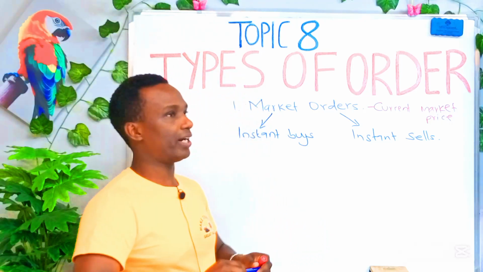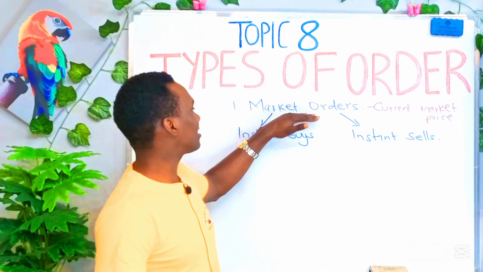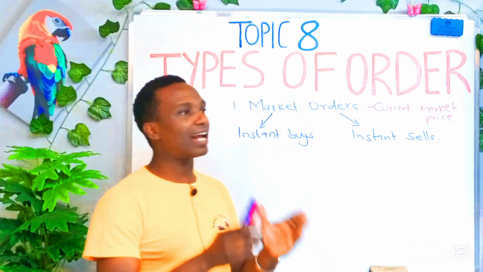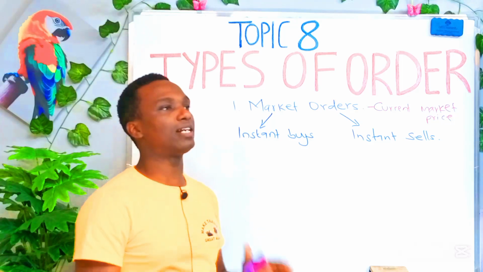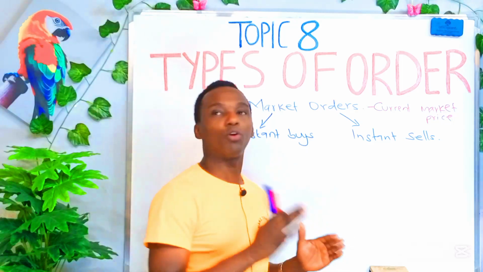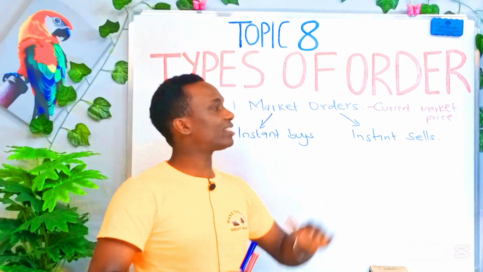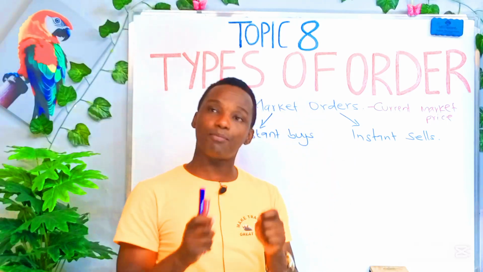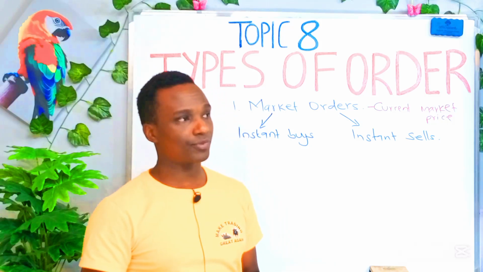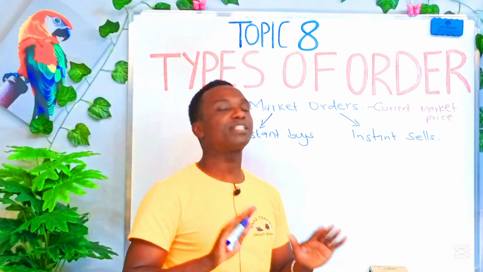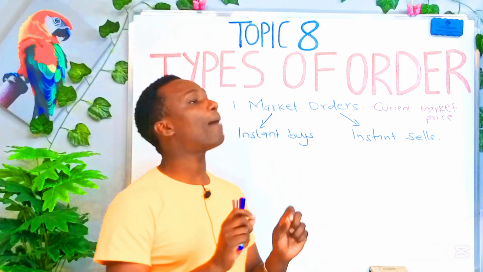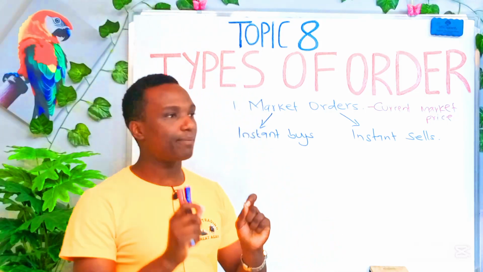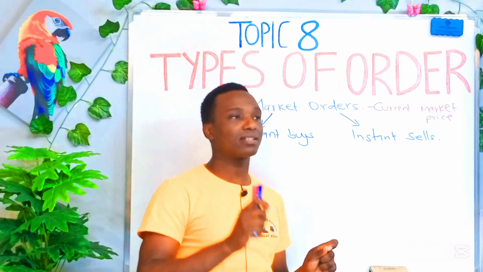No question. As I said earlier, market orders are orders that are executed immediately at the best available price. You give your broker orders to execute immediately at the best available price. They are used when speed of execution is a priority, and when the trader is willing to accept the current market price.